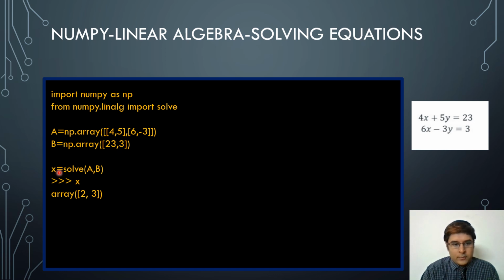And we can simply write x equals solve(a, b). It will give the output for x as array 2, 3. So this is the x value and this is the y value. So x is 2 and y is 3.